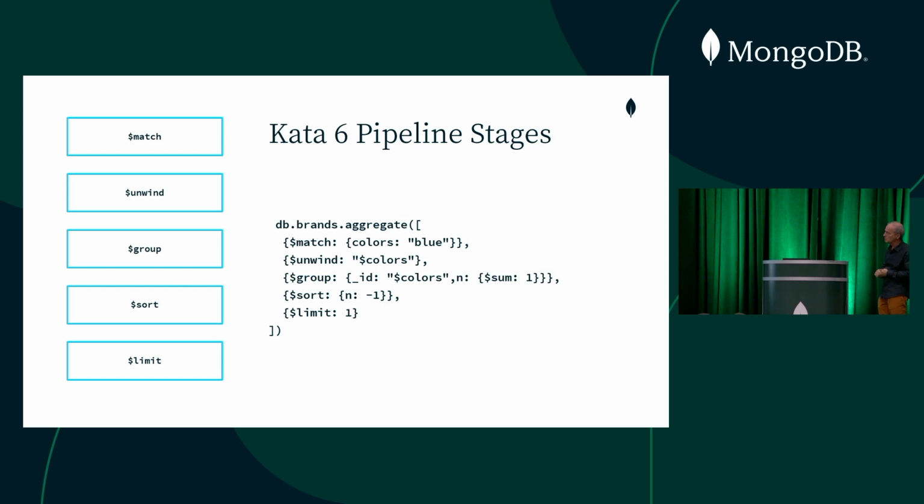So final quiz, match. What pipeline pattern does it belong in? Gather. Anybody think of anything else? No. Unwind. Unwind takes an array, breaks it apart. Assemble. Any other opinions?